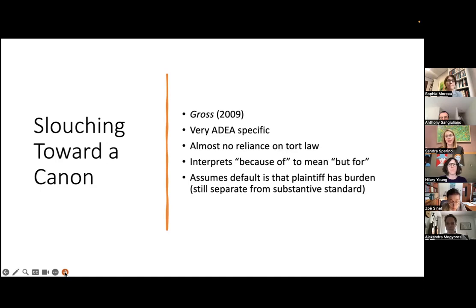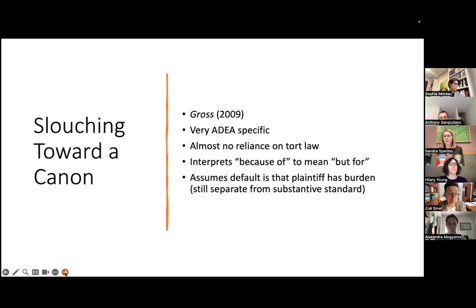But now that we've seen the canon emerge, you can see the court kind of slouching towards a canon or crawling towards a canon. So if we look at Gross, where the court is asked, what's the causal standard under the Age Discrimination in Employment Act, we get a very ADEA specific reasoning. There's almost no reliance on tort law.